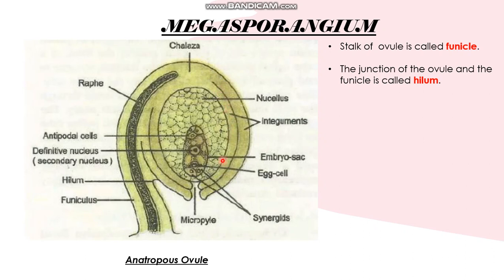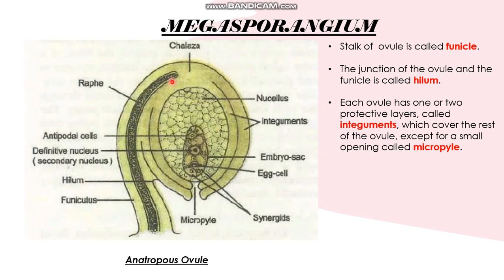So an ovule or megasporangium has two parts: one is nucellus, and outer to the nucellus is the integument. Since this ovule is present inside the ovary, it is attached to the wall of the ovary by means of a short stalk, and that stalk is known as funicle. The junction where the funicle is attached to the body of the ovule is known as hilum.